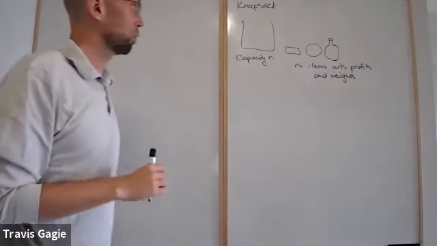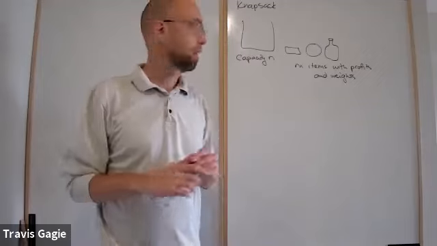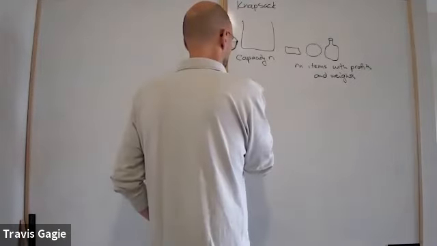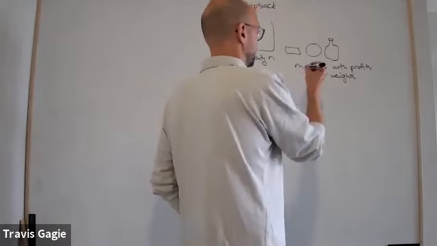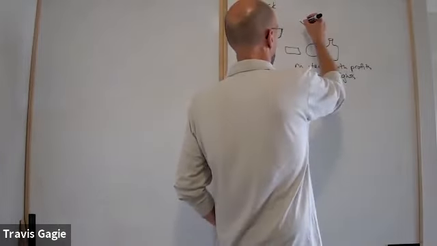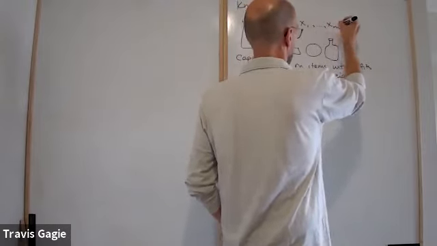So now, what are we going to do? We're going to do a matrix. So let's say that these items are x1 to xm.